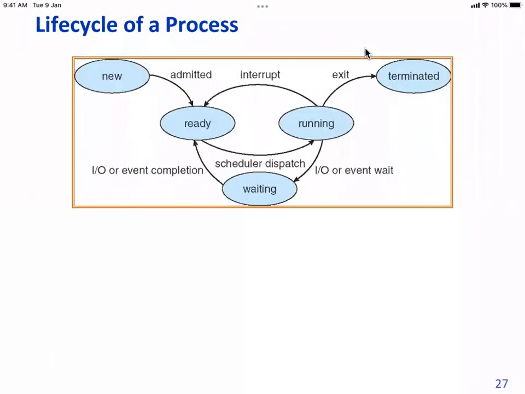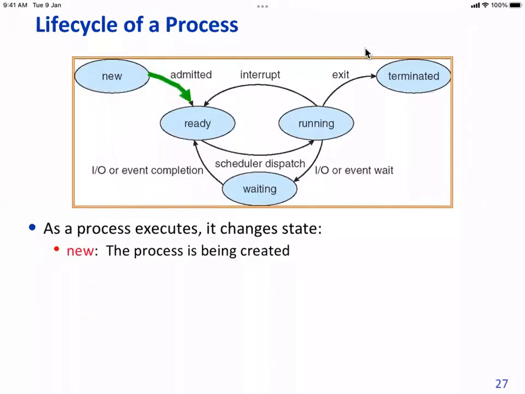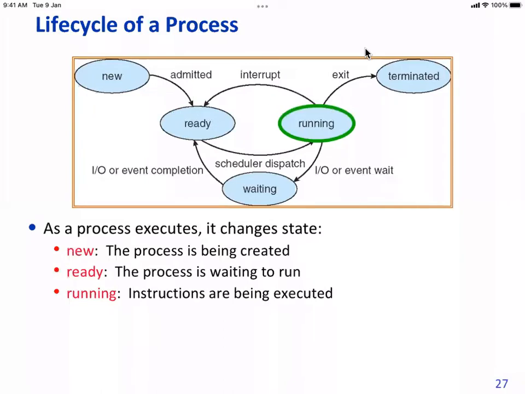Then we also looked at the life cycle of a process. The process starts from initial when a new process is created, then it comes to ready state. It means that it's ready to execute. Okay, and then it starts running whenever the scheduler schedules it, and then if it does IO, it goes to waiting state. Otherwise, OS or hardware interrupts it, then OS comes into play, right?